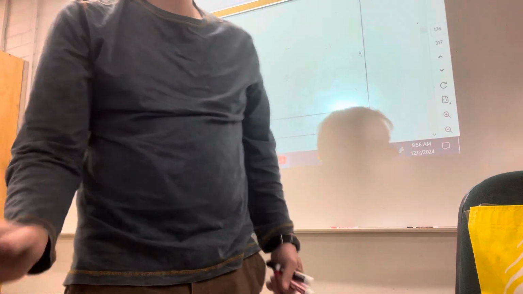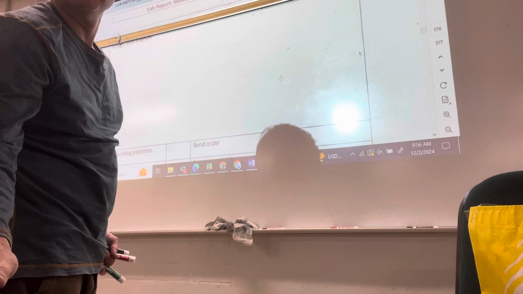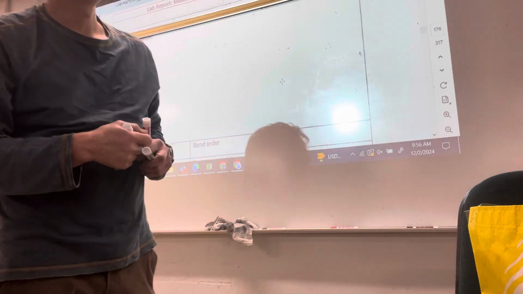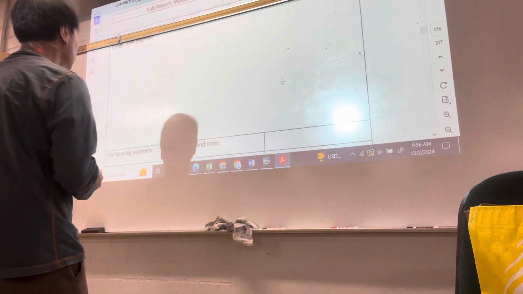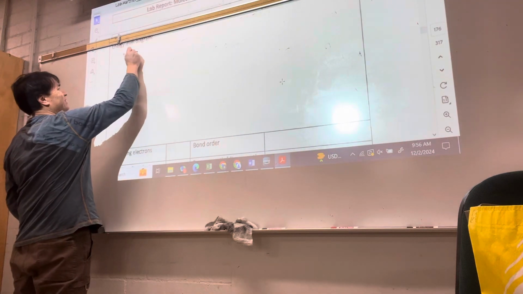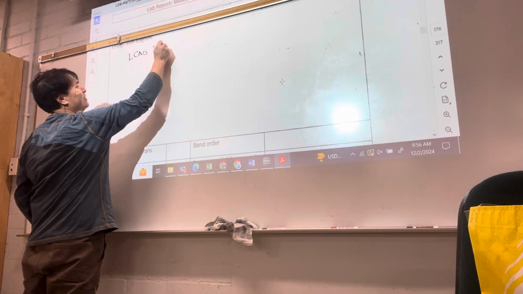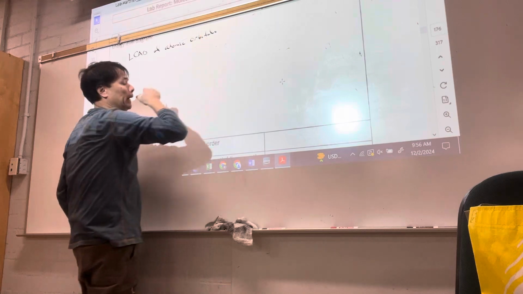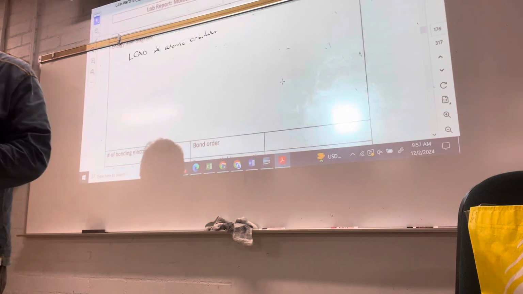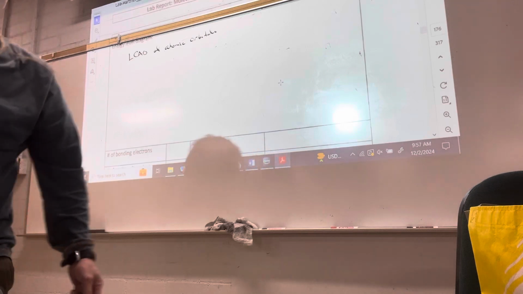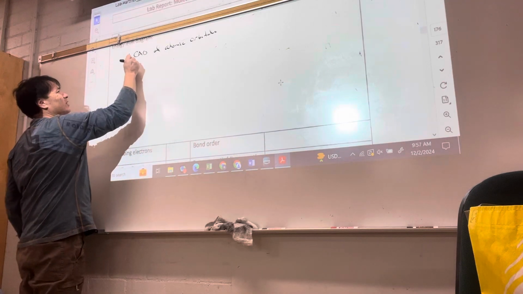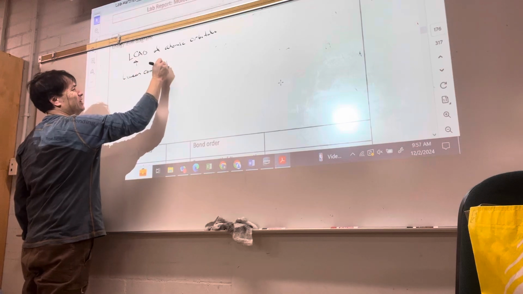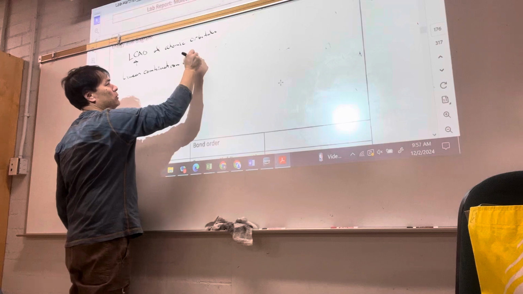First, rather than overlap of atomic orbitals, we're going to have LCAO of atomic orbitals. LCAO stands for linear combination of atomic orbitals.